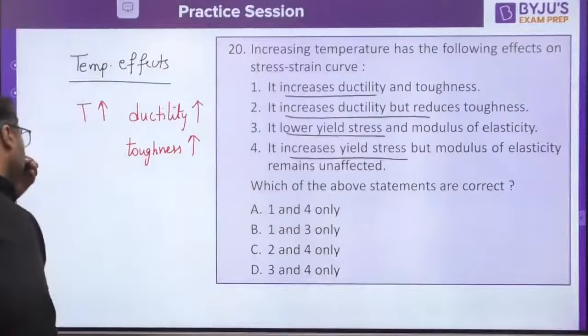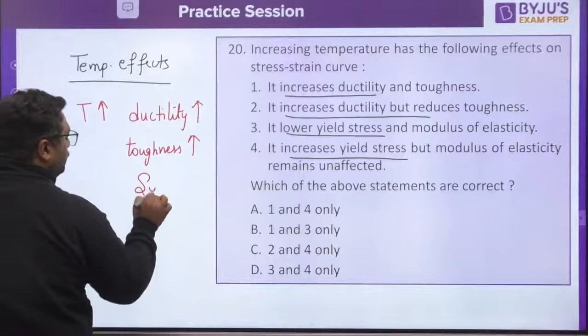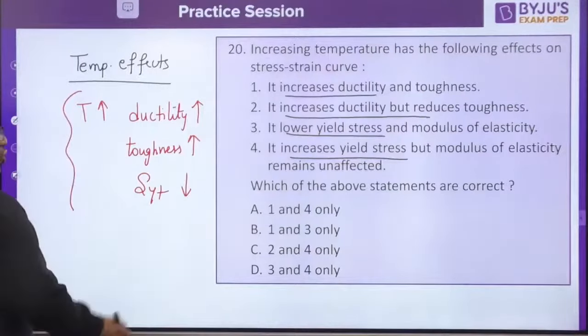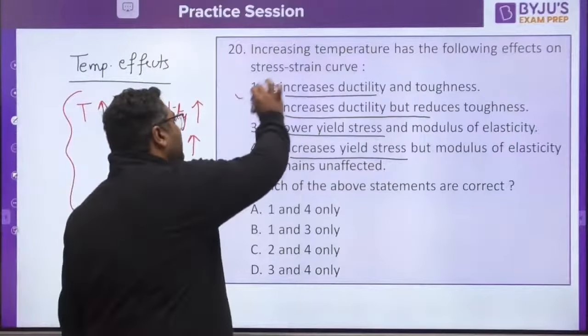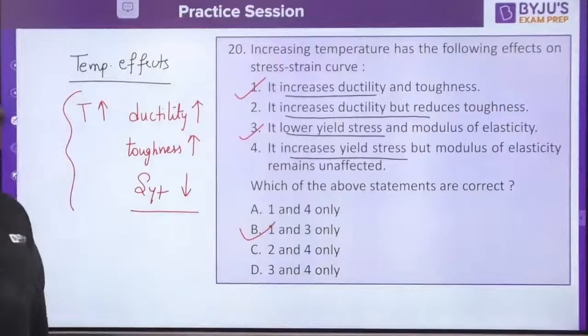And my dear, when you are going for the other properties, you know that SYT is also getting reduced. You know, when temperature is increased in hot working, yield strength reduces. So based on that, 1 and 3 are the correct ones. B is the correct option.